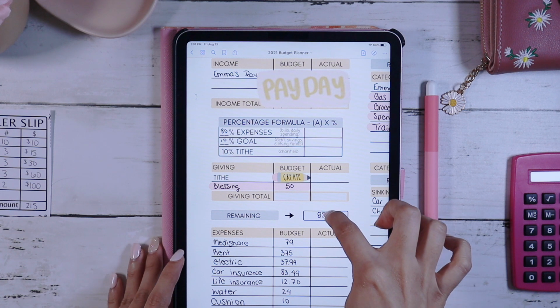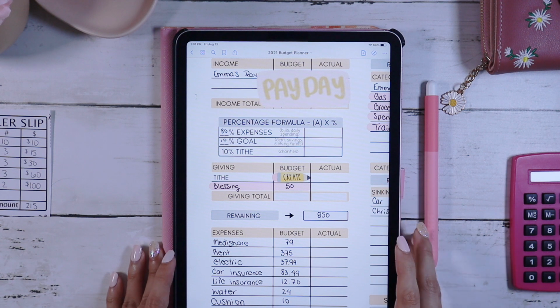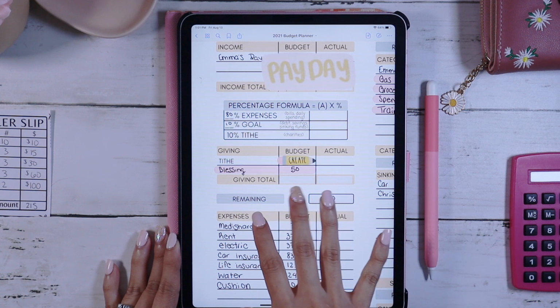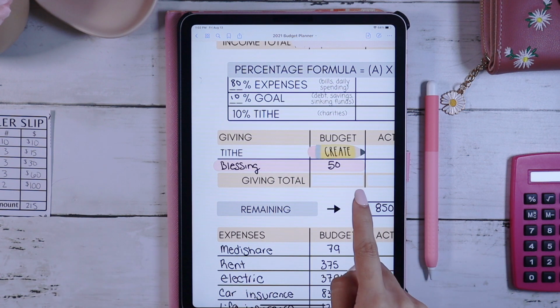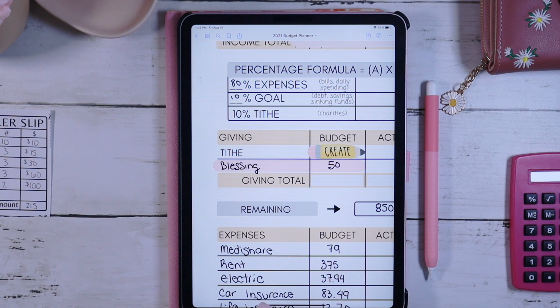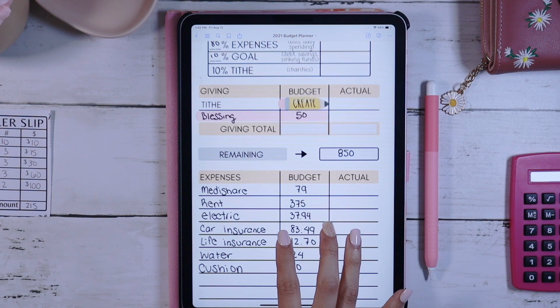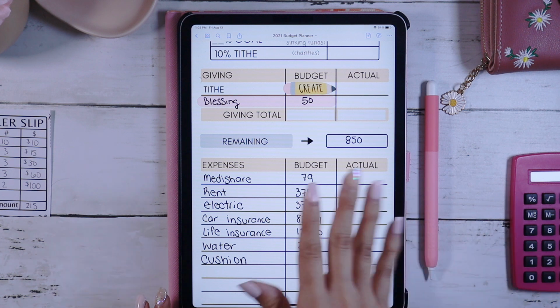And from the $900, we are going to be giving a blessing that is like an offering above and beyond our tithe. So $50 is going to our blessing, and I've highlighted it because we are taking that out in cash. So $850 is what is left over after separating the tithe and the blessing.